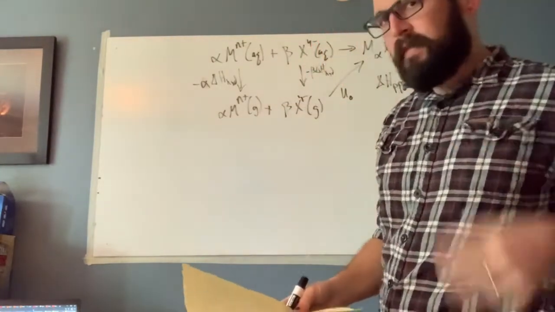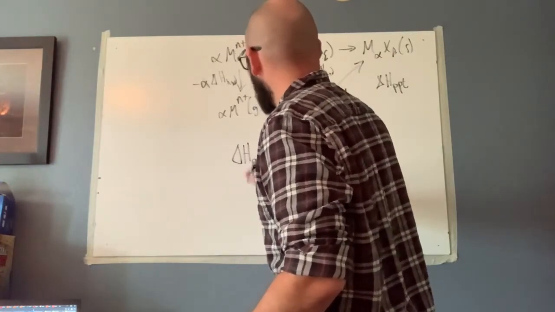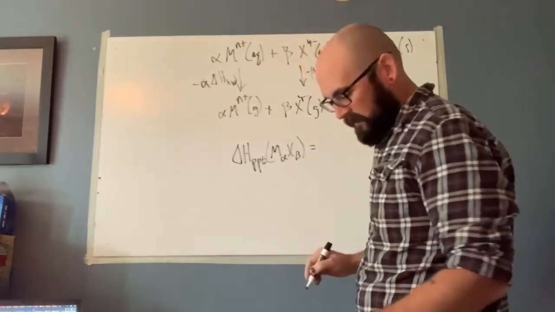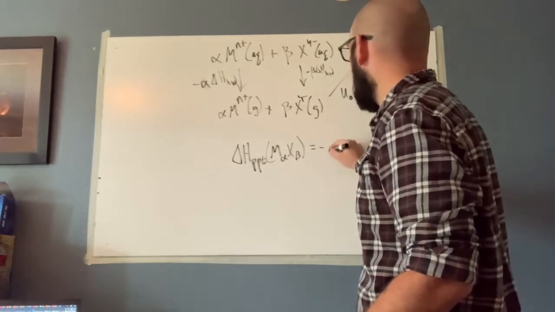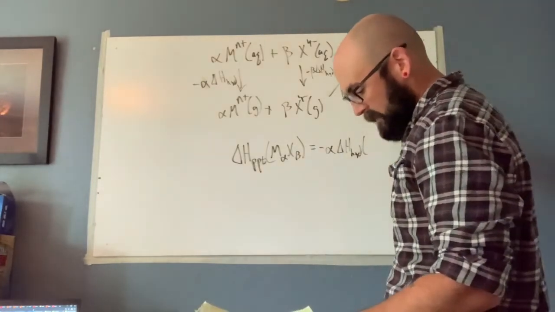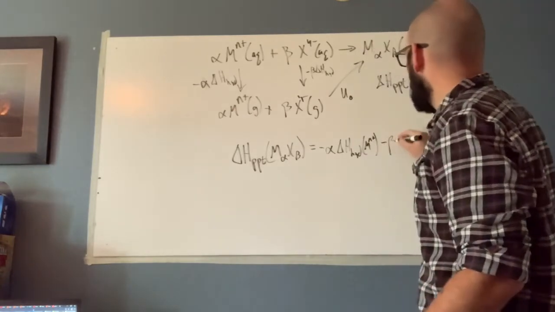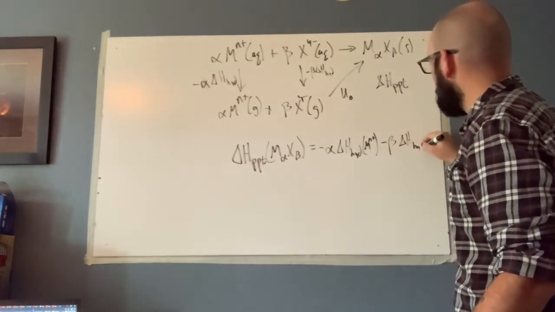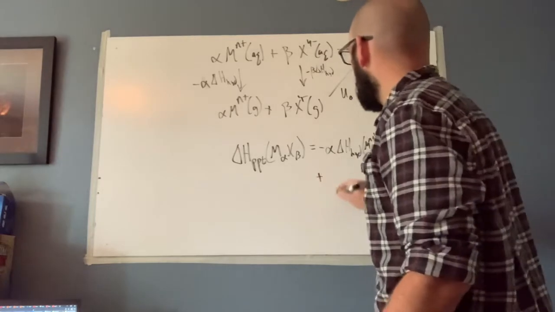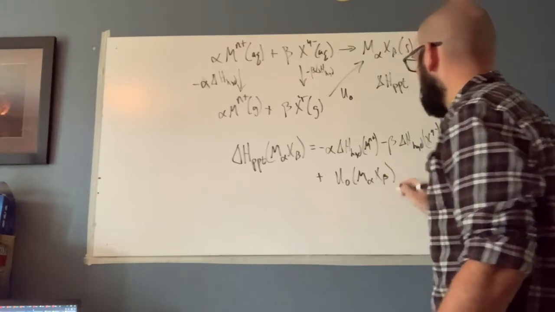What we find then is we can write an equation for the enthalpy of precipitation of M alpha X beta is equal to negative alpha times the enthalpy of hydration of M^n+, minus beta times the enthalpy of hydration of X^y-, plus the lattice enthalpy of M alpha X beta.